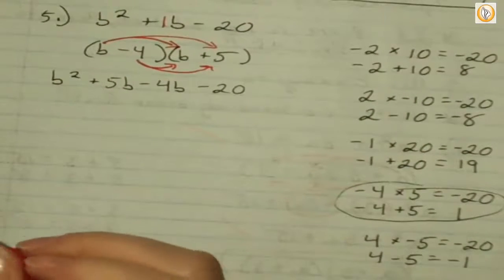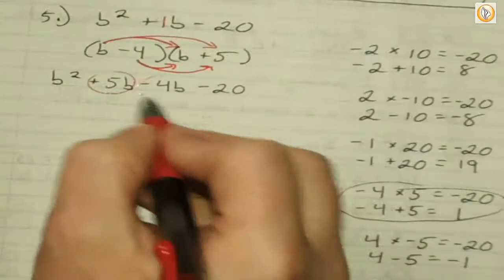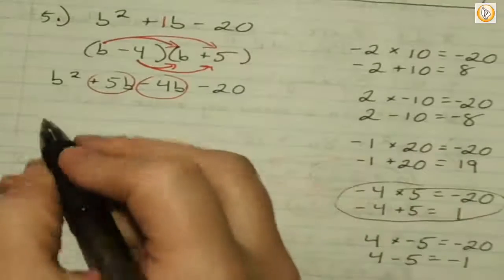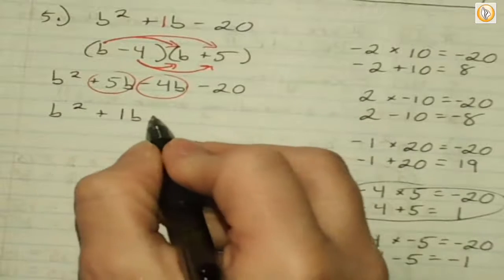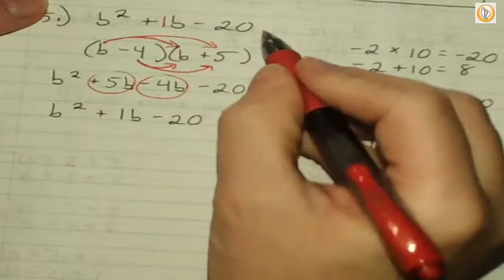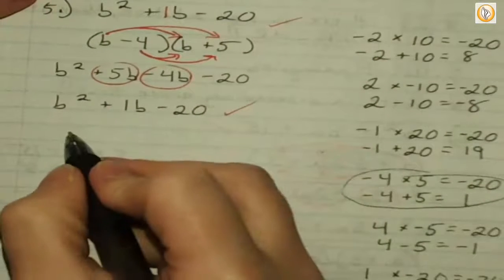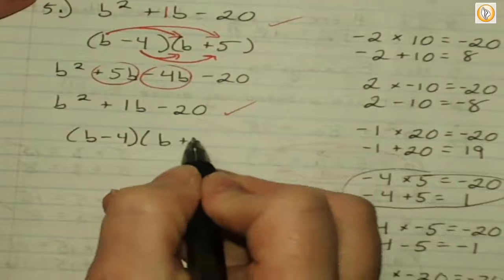Emily, what's my like terms? And that will get us a 1b. It's okay if you write that 1. And we check, yep. So then our answer is b minus 4 times b plus 5.